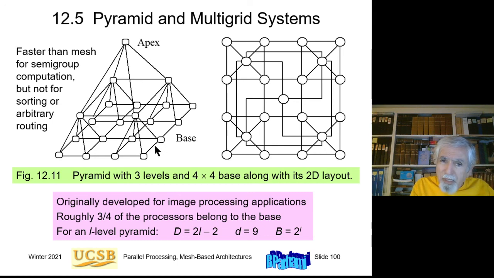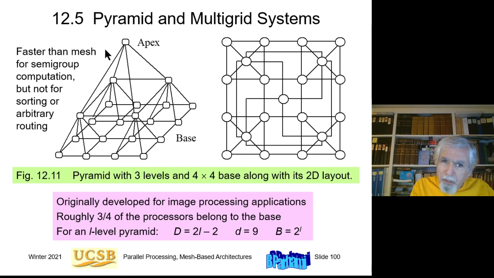And the nice thing about the pyramid is that it has all the capabilities of a mesh at the bottom, but also there are paths of logarithmic length between any two nodes. So from this corner to that corner, I can go up the pyramid to the apex and then down.